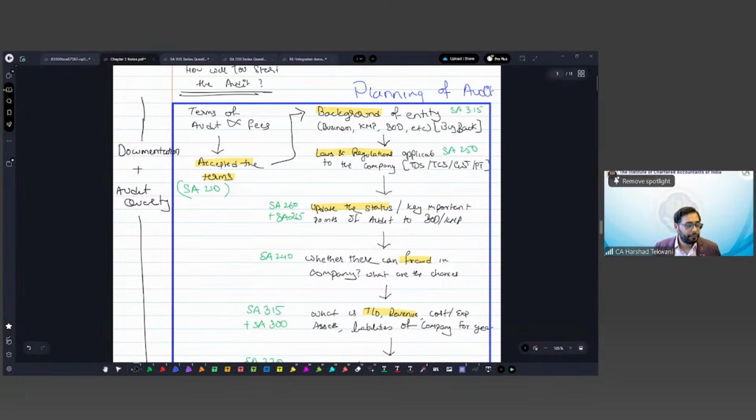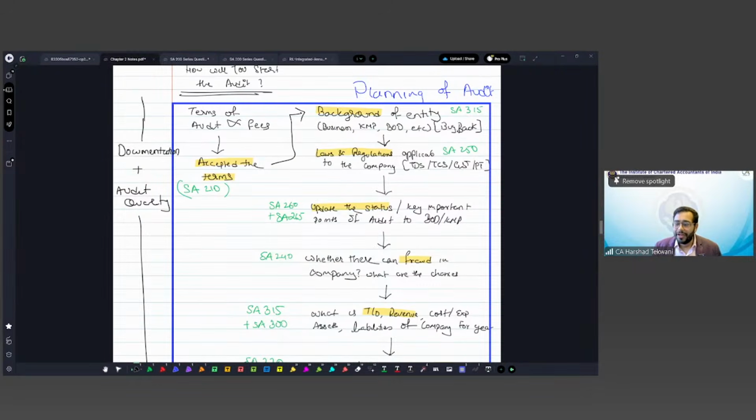Clear? And as always, I will also show you the bare text of the particular standard so that you can understand the source that we are taking up.